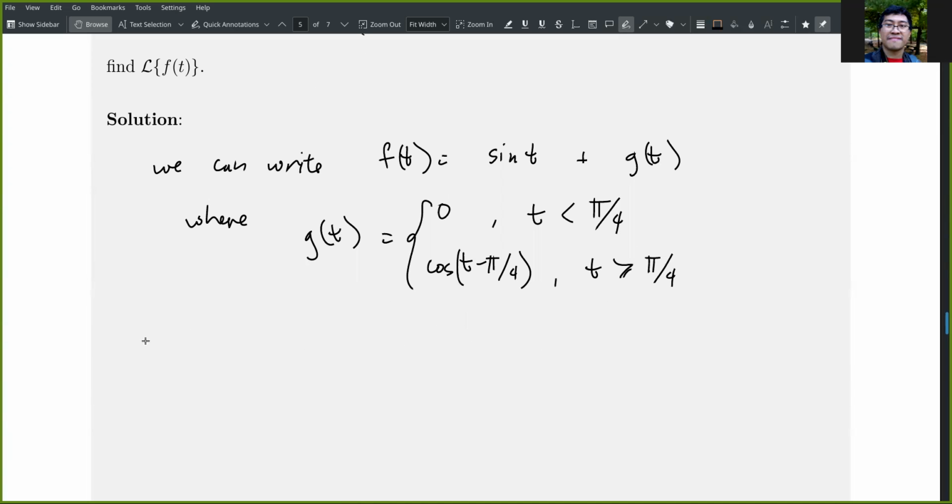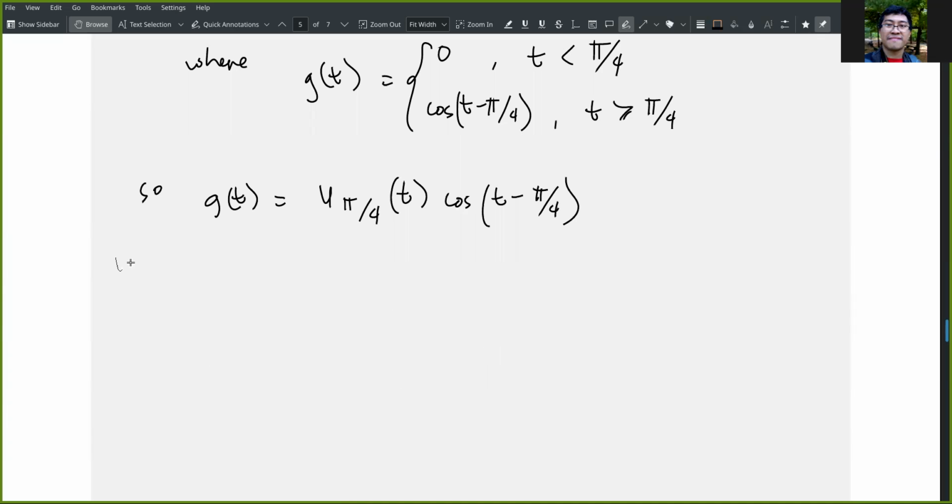So g(t) can be written as u_{π/4}(t) times cosine of t minus π/4.